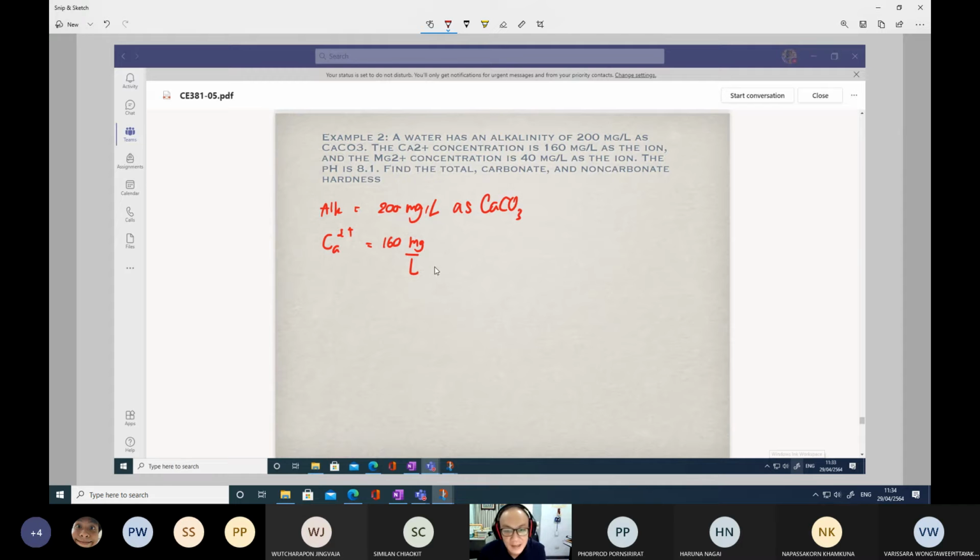It's only milligrams per liter, not milligrams per liter as calcium carbonate. If you want to express it in terms of milligrams per liter as calcium carbonate, you have to divide it by the equivalent weight of calcium and then multiply it by the equivalent weight of calcium carbonate.